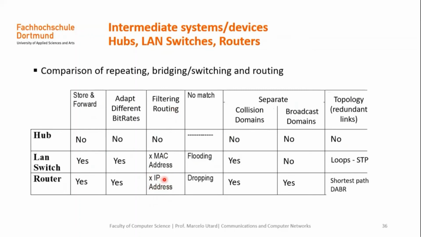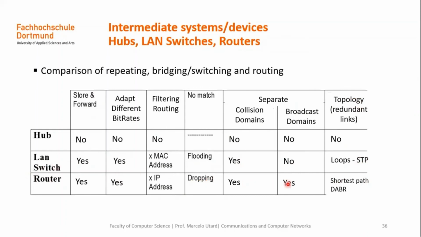In the case of a destination address that doesn't match any route in the routing table of the router, the router will drop the packet or the datagram, and that's why in a topology with redundant links, the loops will not happen, and then we don't need to use a protocol like the spanning tree protocol that is used in the LAN switching technologies.